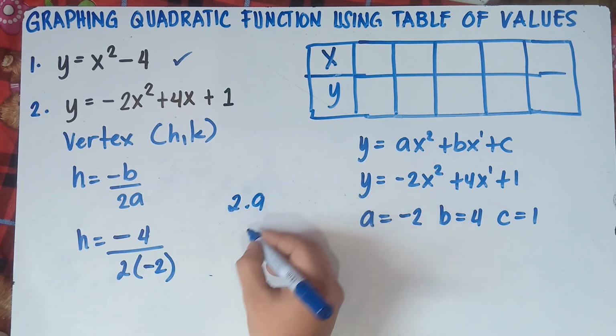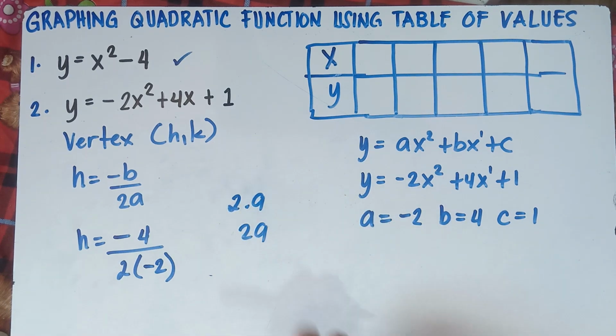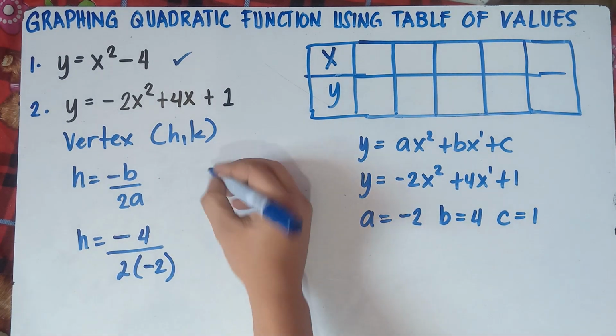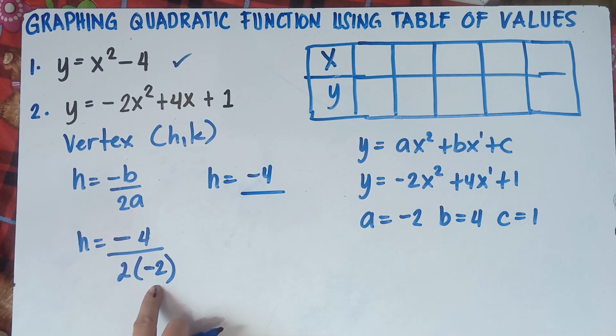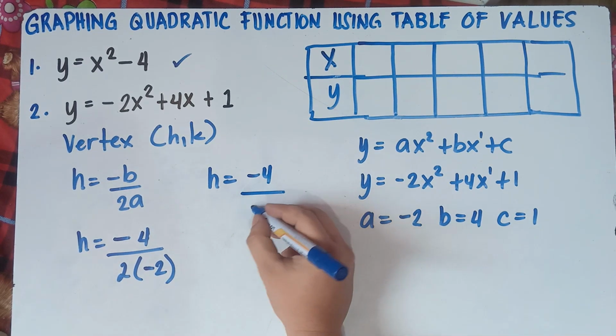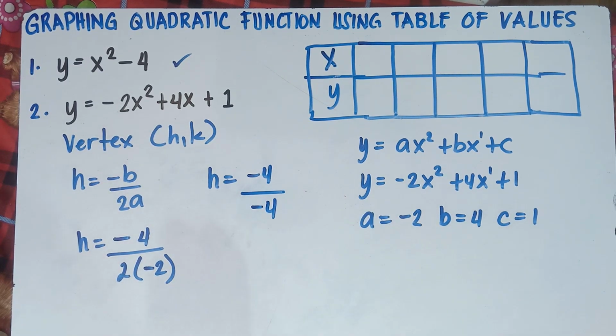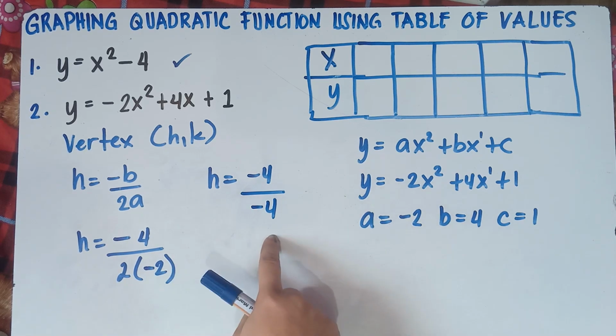Then you simplify: h equals negative 4 over 2 times negative 2. Multiplying unlike signs, the answer is always negative, so 2 times negative 2 is negative 4.